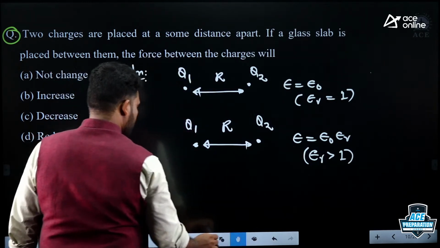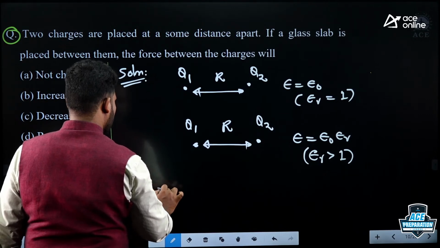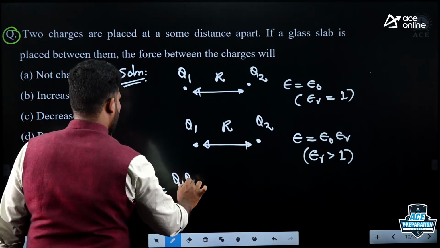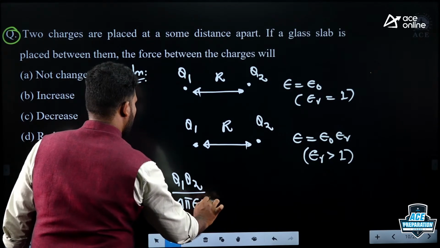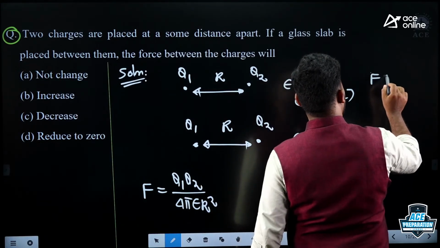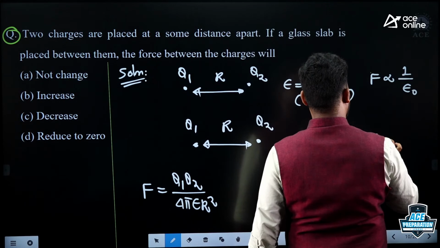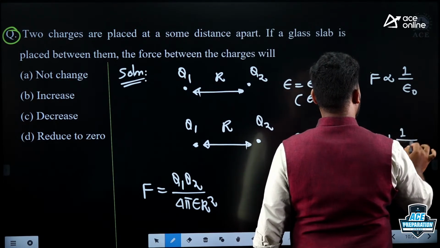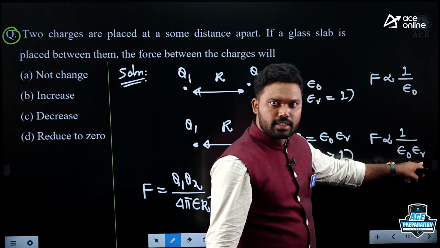Let me write down here. The force between the two charges is equal to Q1 Q2 divided by 4 pi epsilon r square. Here, the force is inversely proportional to 1 by epsilon naught, and here, the force is inversely proportional to 1 by epsilon naught epsilon r. So here the denominator has increased.